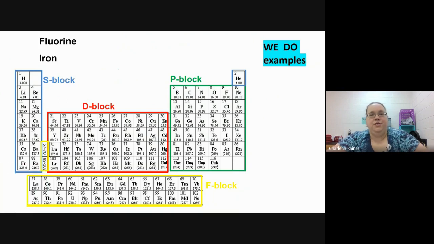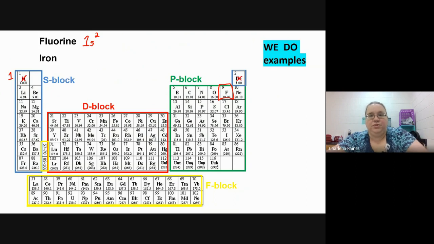Okay. So fluorine, 9 electrons. We're going to give the address for all 9 electrons. So fluorine, electron number 1 goes in the 1st period, S block. And technically 1 and 2 can go there.